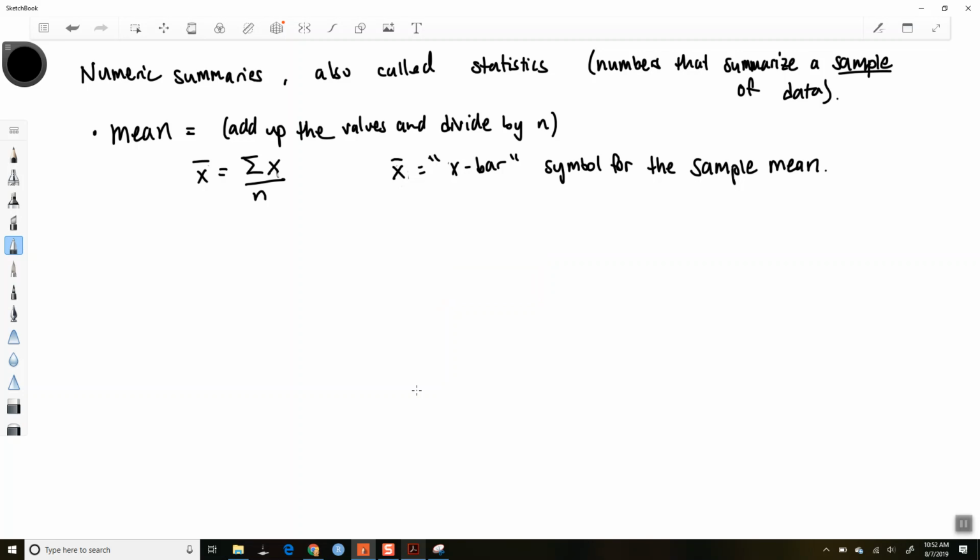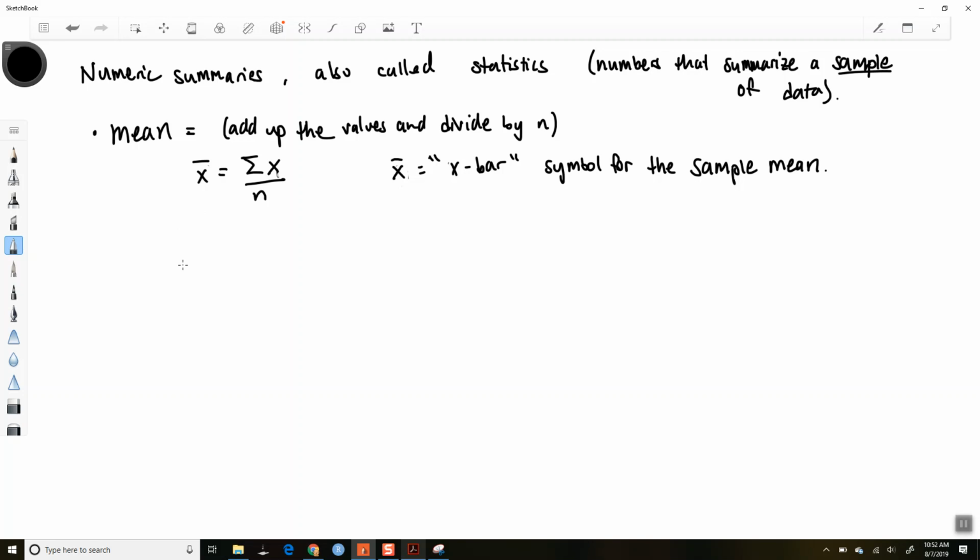And then we have the median. But maybe before I get into the median, let me just say more about the mean. We add up the numbers and we divide by n, and I don't know if any of you ever stopped and asked why does that even work?